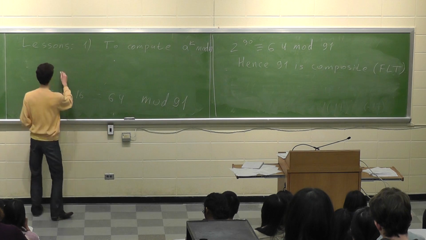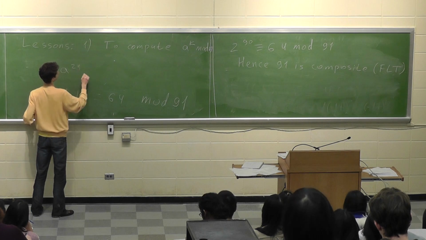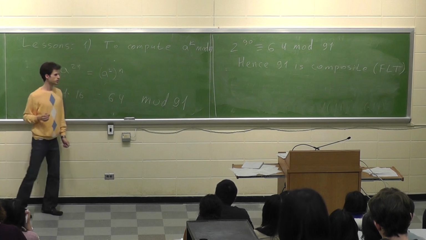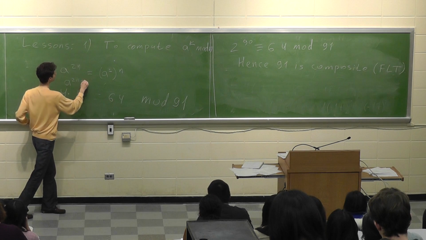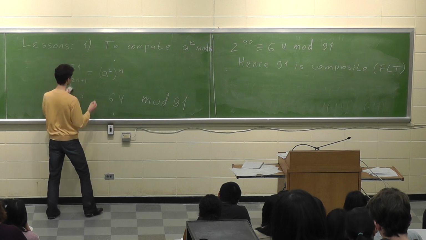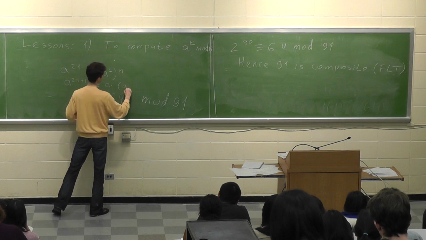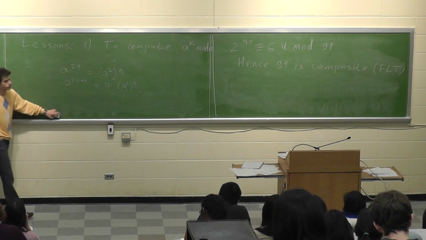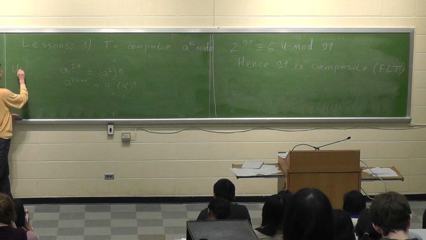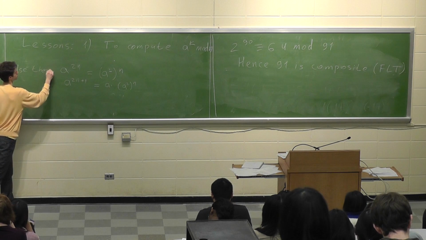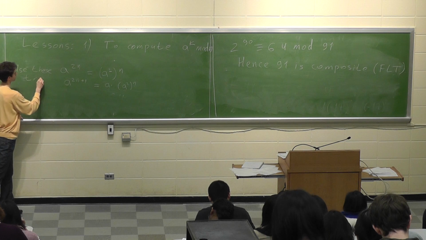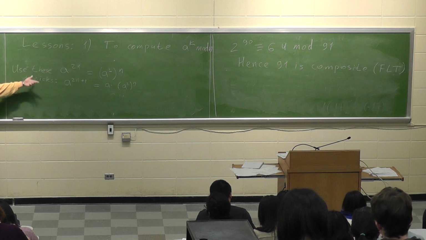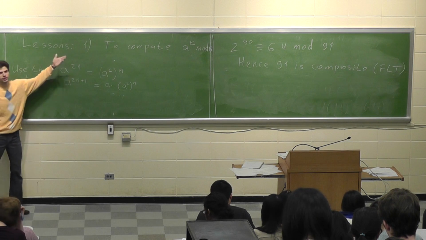If you have to compute a to the power twice n, compute instead a squared to the power n. If you have to compute a to an odd power, compute instead a times a squared to the power n. Well, so use these tricks. By applying these tricks repeatedly, we can find the answer.